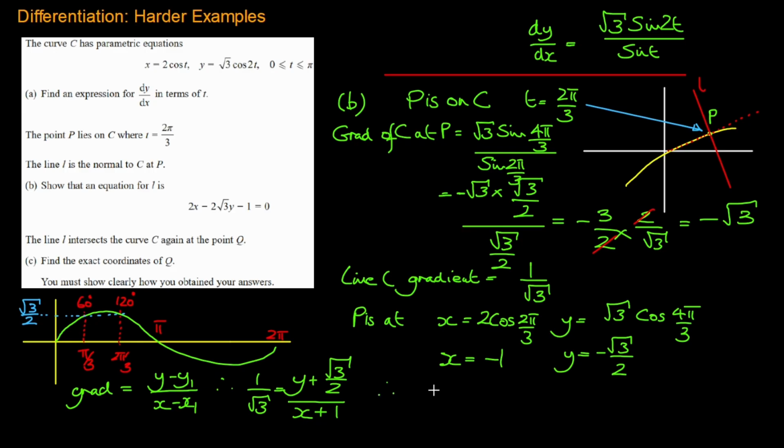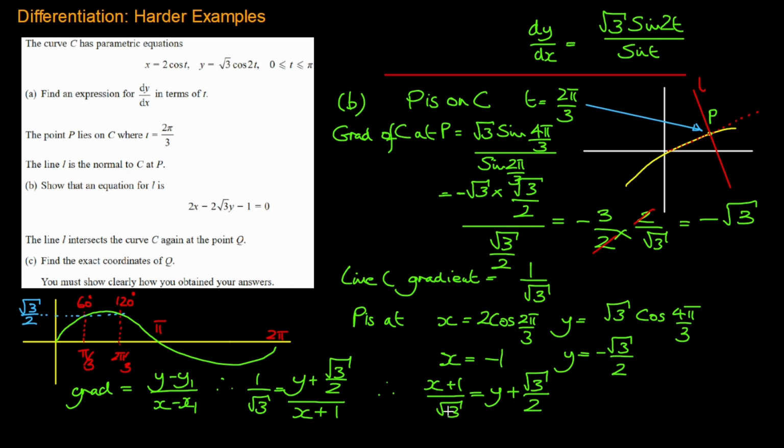So multiplying across, I get x plus 1 divided by the root of 3 is equal to y plus the root of 3 over 2. And you can see we're approaching our goal quite well. What have they done? Well, they've got a y here multiplied by 2 root 3.